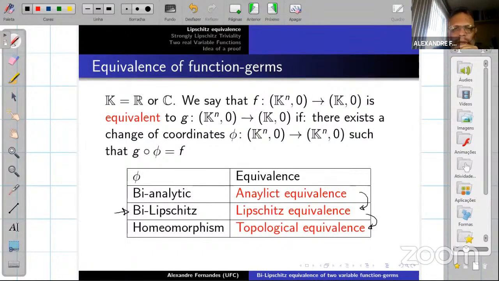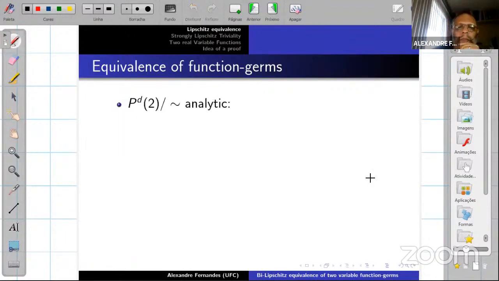Let me talk about the finiteness theorem in this context. This set means the set of polynomials in two variables and degree d.